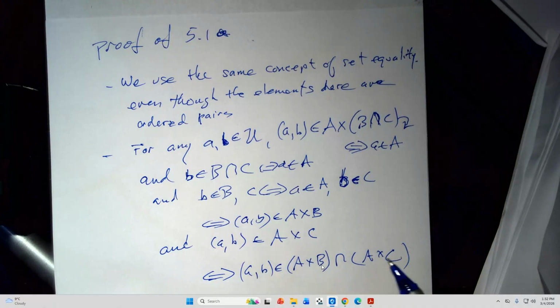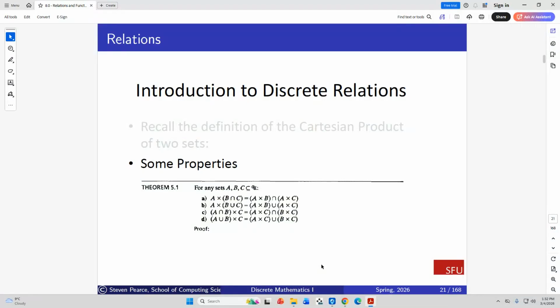So we've proved the first one, that A cross B intersect C equals, like a distributive property, and we did it more or less with the element argument method.